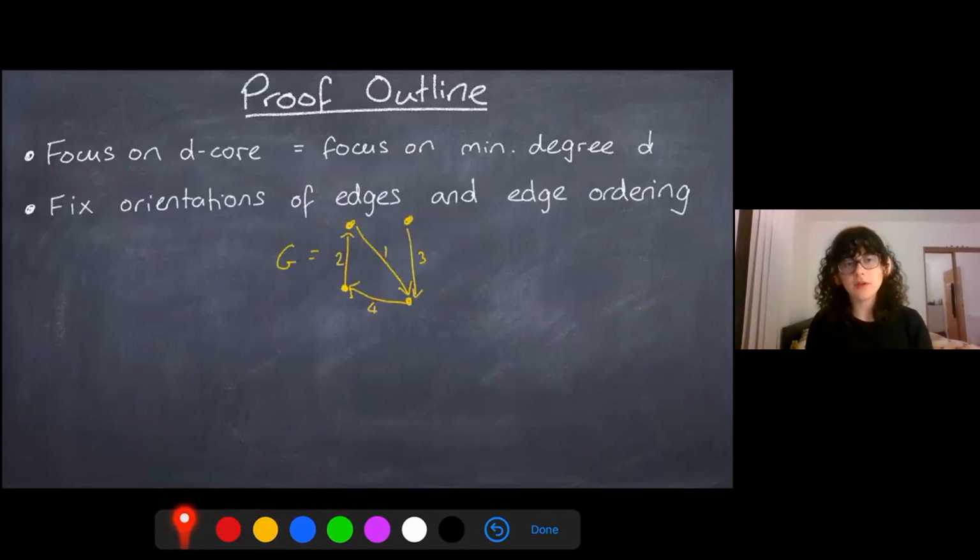The second thing we're going to do is, given our fixed graph G, we're going to fix some orientations of the edges, and we're going to fix an ordering of the edges. So here's an example. We fixed some orientations of the edges, and we've also numbered the edges in this order: 1, 2, 3, 4.